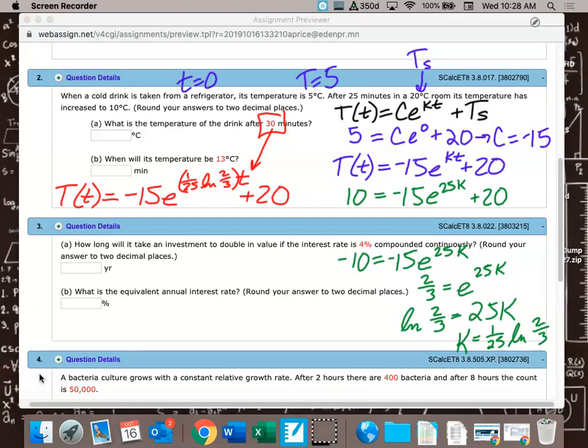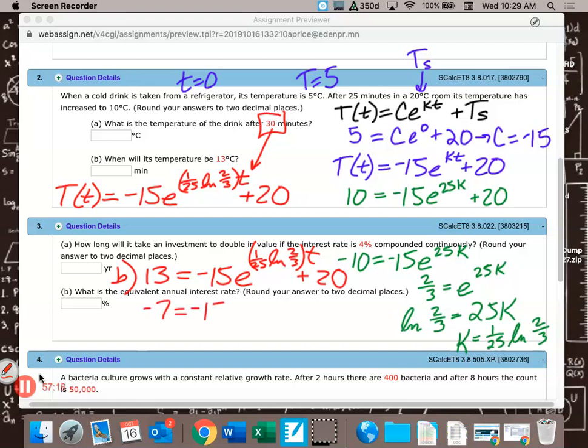All right, for those of you watching on the recording, hopefully you could plug in the 30 without too much problem. I'm going to do part B real quick. Suppose our temperature is 13 equals negative 15e^((1/25 ln 2/3) t) plus 20. First thing we do is subtract the 20, so I get negative 7.